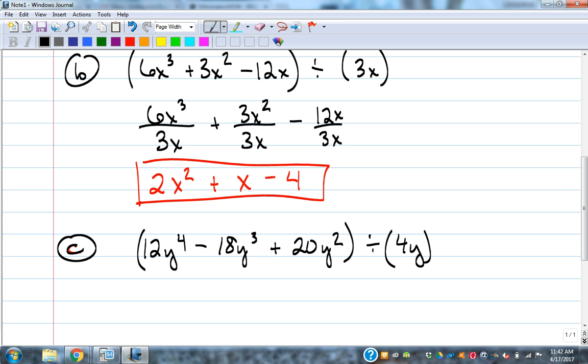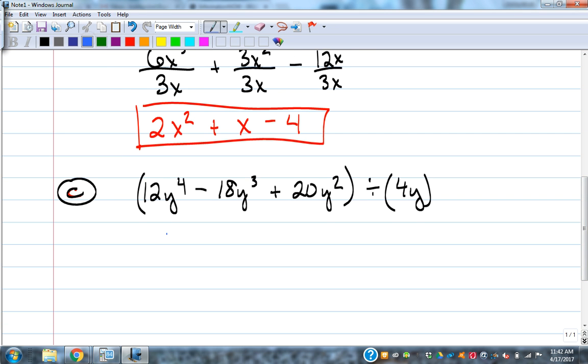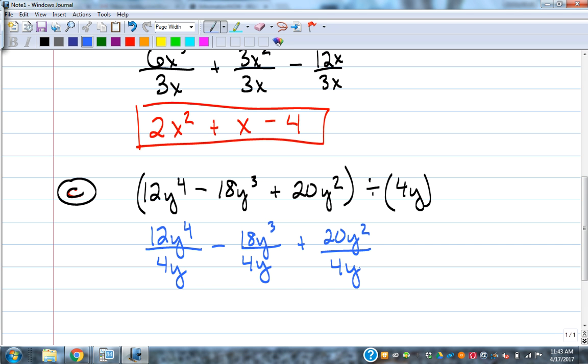So again, are we dividing by a monomial? Yes, that's the question we got to answer so we know which way to do this. If we're dividing by something that only has 1 term, then we go ahead and set it up. 12y to the fourth over 4y minus 18y to the third over 4y plus 20y squared over 4y.